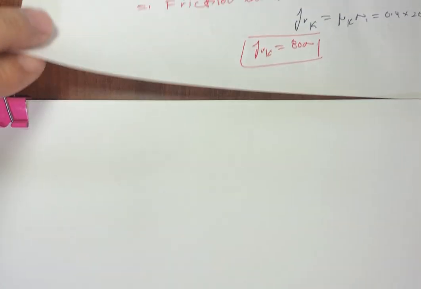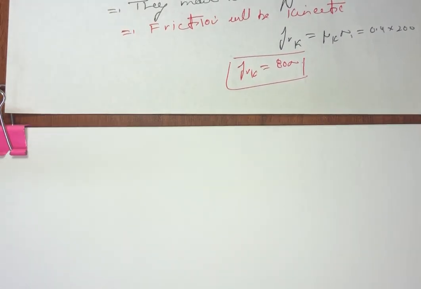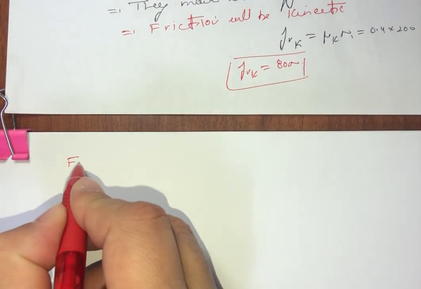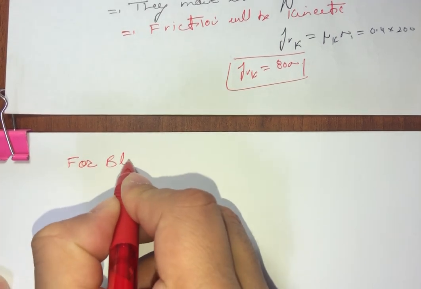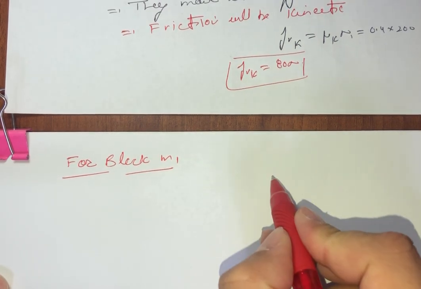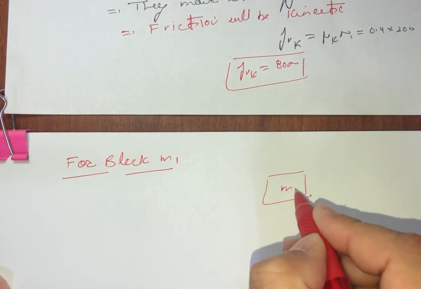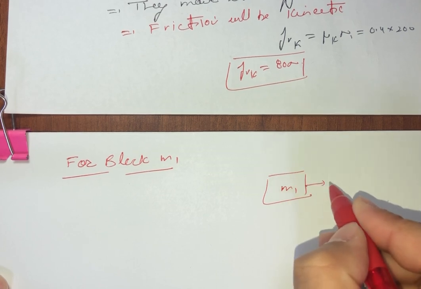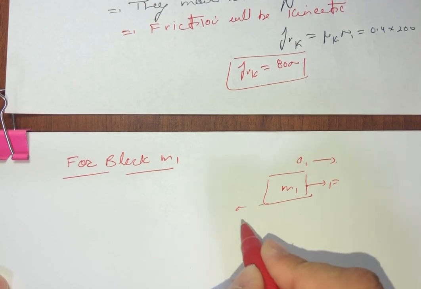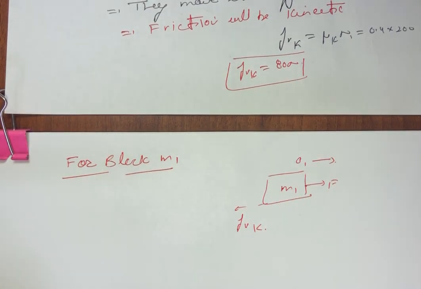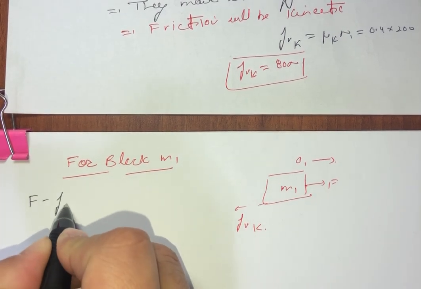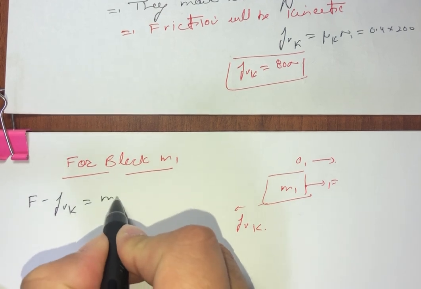So we can say that our Frk is now 80 Newton, and let us take block m1, with force F and acceleration a1, and we have here Frk. So we get the equation F minus Frk is equal to m1 into a1.